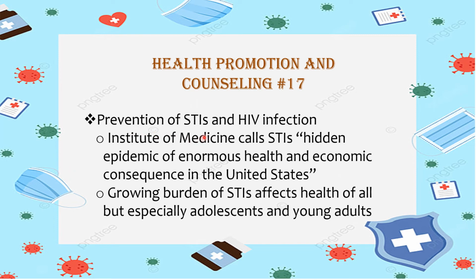For prevention of STIs and HIV infection, the Institute of Medicine calls STIs a hidden epidemic of enormous health and economic consequence in the United States. The growing burden of STIs affects the health of all, but especially the adolescents and the young adults.